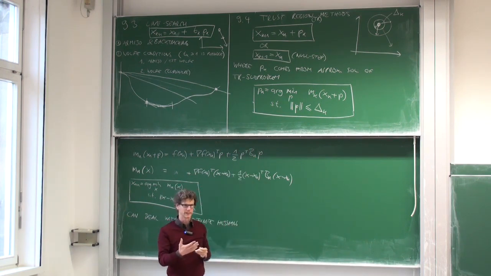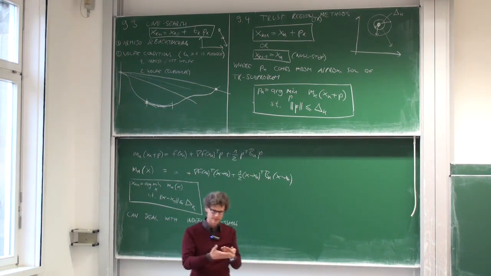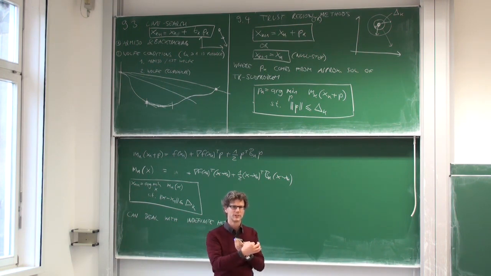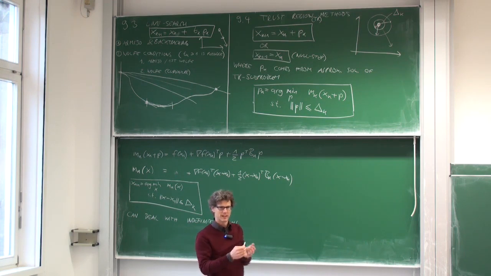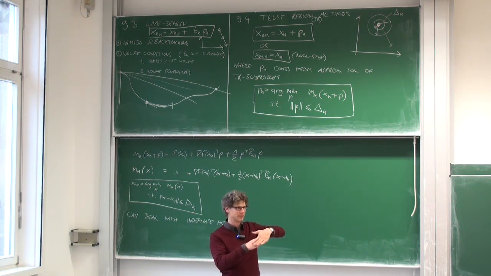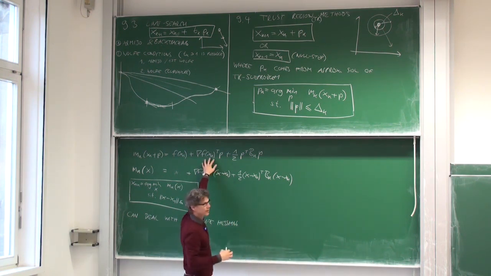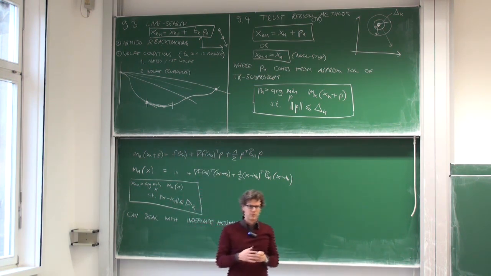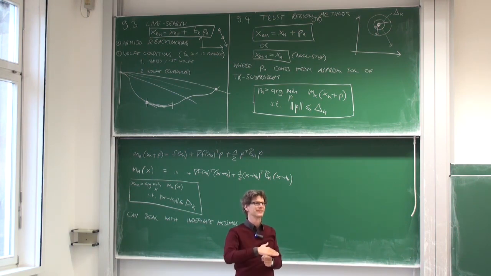So what you think is that the model and your real function will, for very small regions, be identical, more or less. Actually, they correspond very much to the first order Taylor series, because the first order Taylor series is exactly in your model. So when you shrink your trust region radius enough, you are sure that your model is a good model in this region. Not outside, but inside the region.